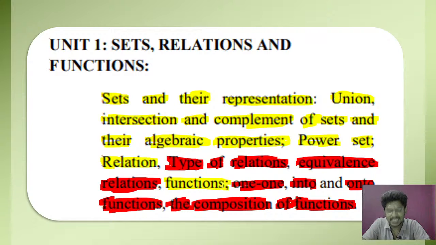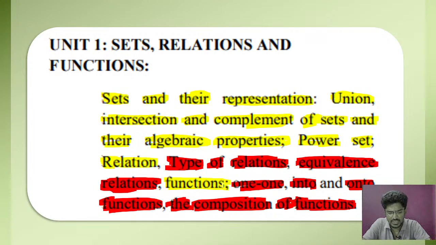If you understand the 11th class concepts, then only can you understand the 12th class concepts. Are you getting my point? So first you understand the 11th class concepts very neatly, then only you can start the second year syllabus. This is all about the first unit of the JEE Mains syllabus.